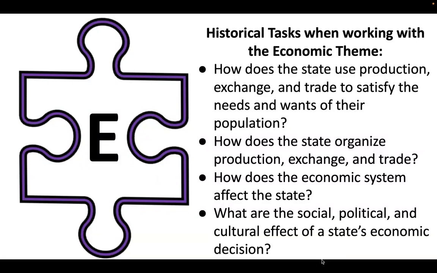The economic theme or the economic process is basically how humans use scarce resources to satisfy their wants and needs to essentially survive and prosper. So when we look at this theme, we look at how they use production, meaning making stuff. How do they use exchange? How do they trade to satisfy their wants and needs?